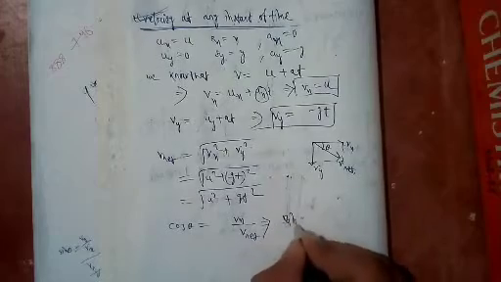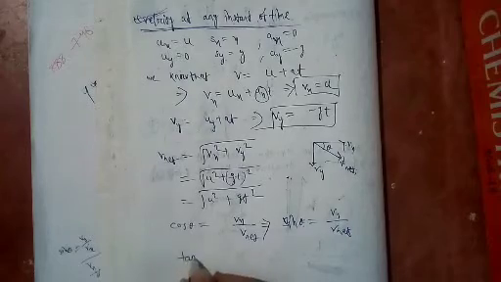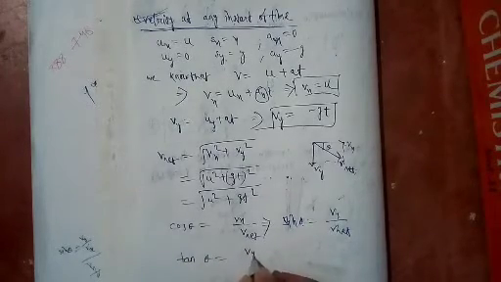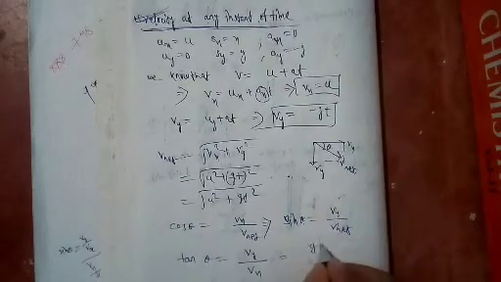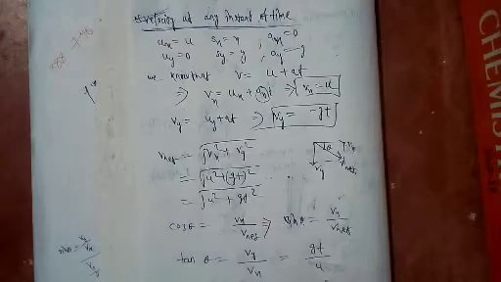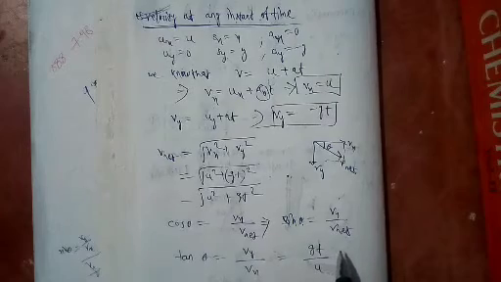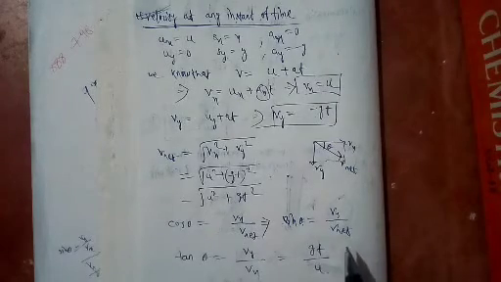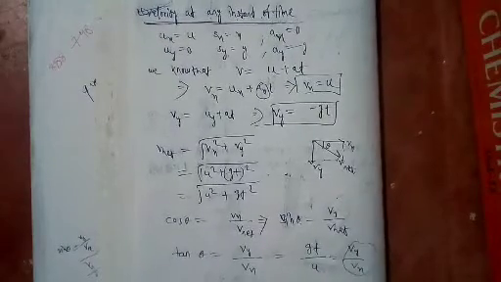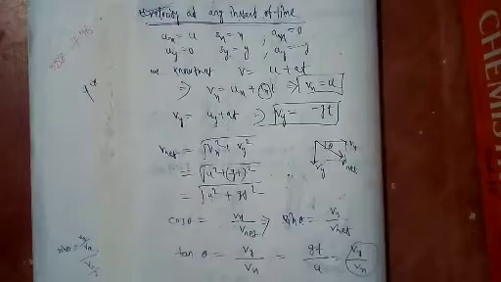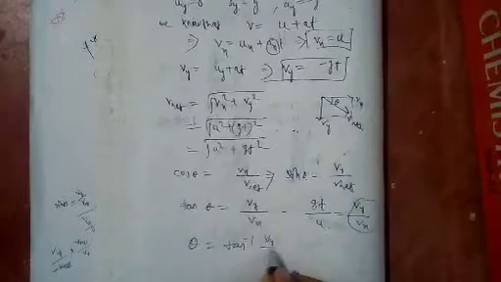Similarly, sin theta is equal to vy by v net. Then dividing sin theta upon cos theta, tan theta is equal to vy upon vx, that is gt upon u. Here vy is the velocity in y direction and vx is the velocity in x direction. Then theta is equal to tan inverse of vy upon vx.